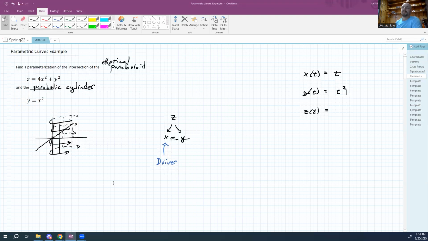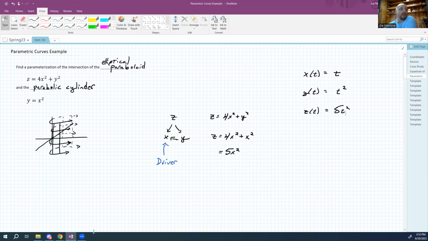So let's go figure out what that z is supposed to be. If I want to know what z is, z is 4x squared plus y squared. And well, what do I know? I know that y is actually x squared. So z is 4x squared plus x squared. So I could rewrite this as 5x squared. And if I'm letting x drive things by making it t, then z is just going to be 5t squared.